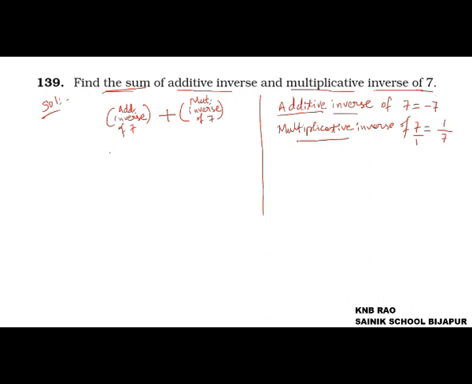So we are asked to now add minus 7, which is the additive inverse of 7, and 1 by 7, which is the multiplicative inverse of 7. Now, adding them is addition of two rational numbers. LCM 7. So minus 49 added to 1 gives minus 48 upon 7, or minus 6 integer 6 upon 7.